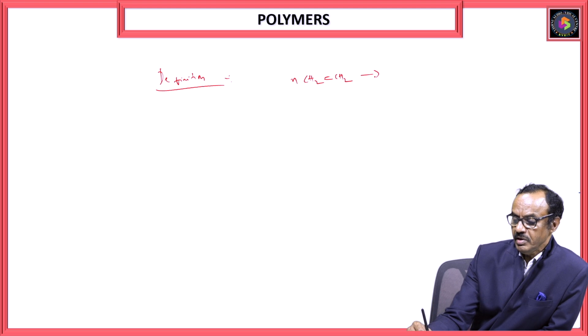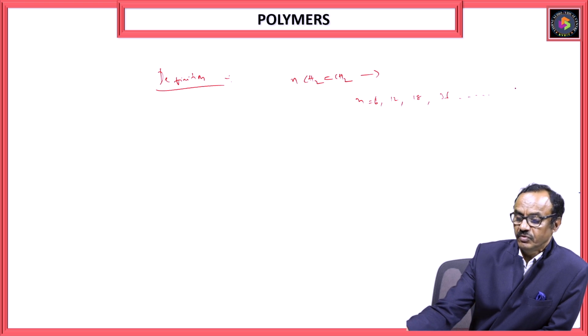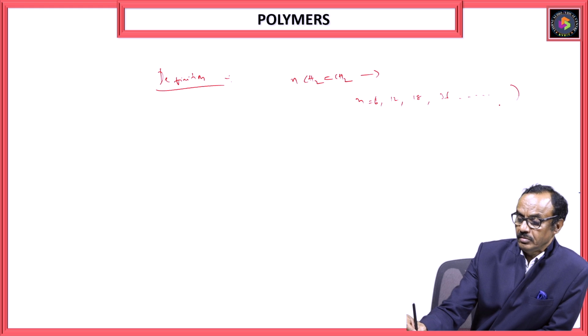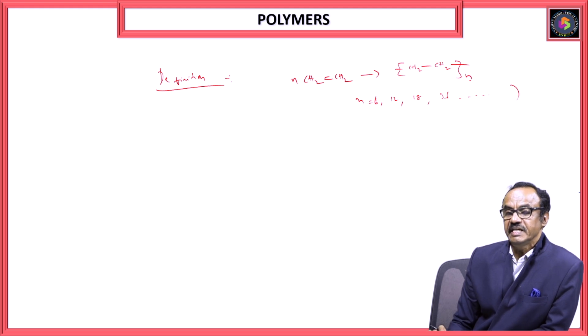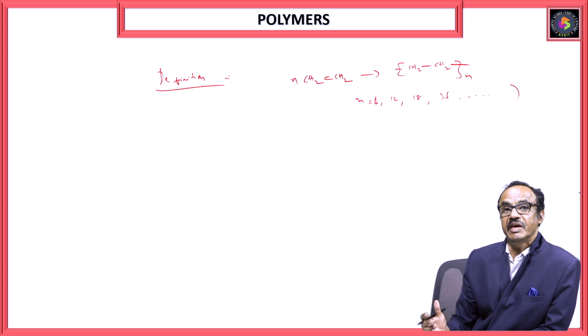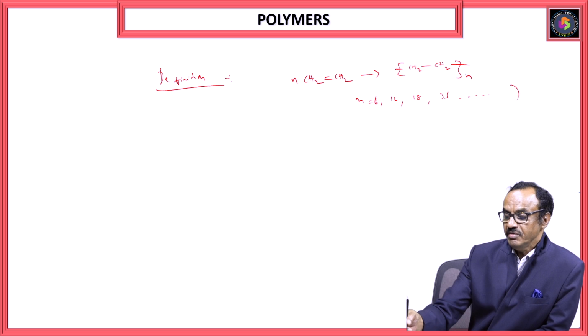N may be 6, 12, 18, 36, 46, 10 lakhs, 20 lakhs, 1 lakh, N number. In a closed container, they combine with each other, link each other. Formation of a lengthy, bulky unit takes place. This lengthy bulky unit is called a polymer.